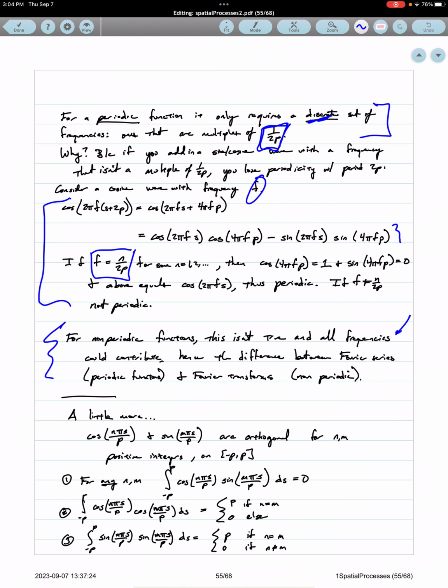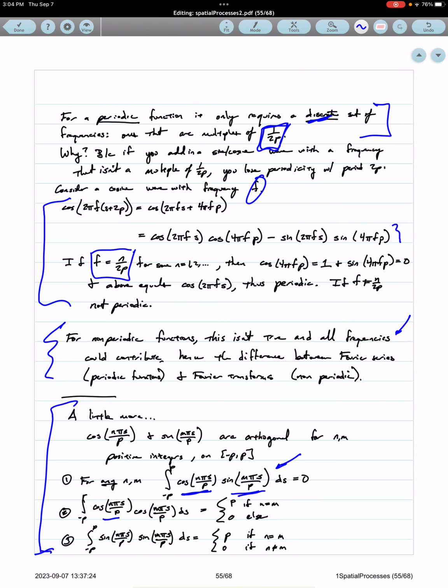And it's a nice basis, as I say here on slide 55, because it's an orthogonal basis. You can show that if I look at my basis functions, they're orthogonal. So for any n and m, this integral is 0, meaning that our basis functions are orthogonal.